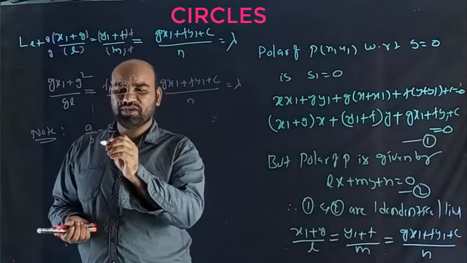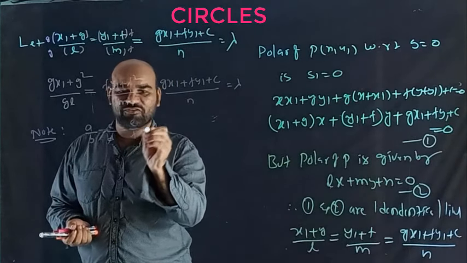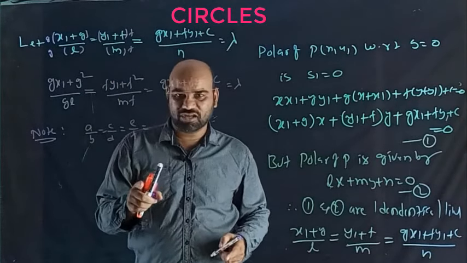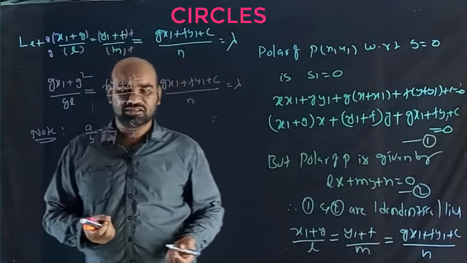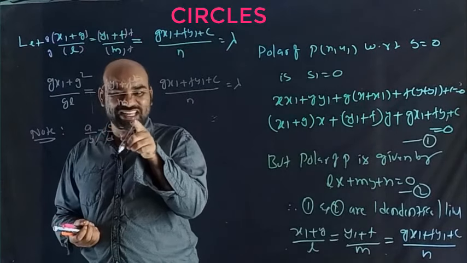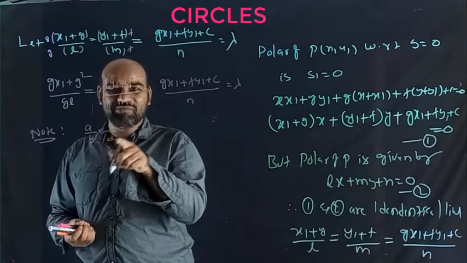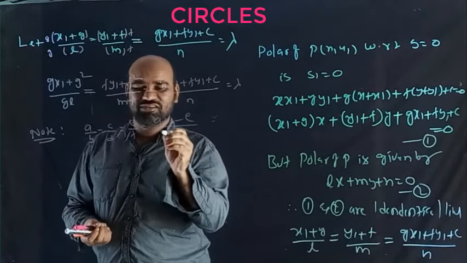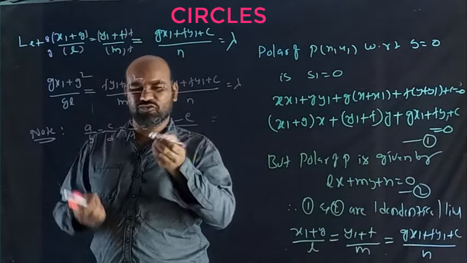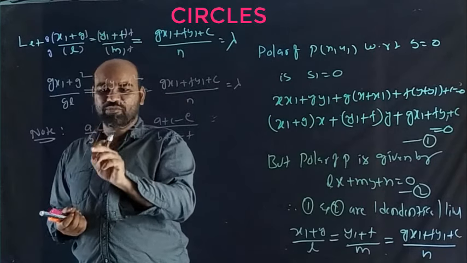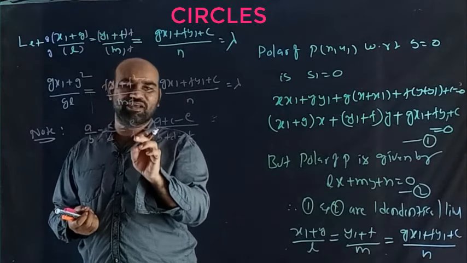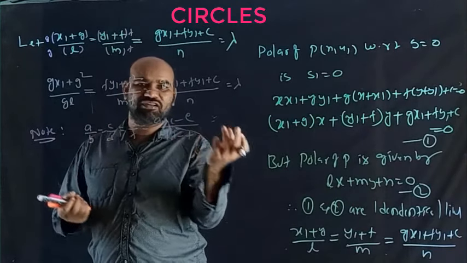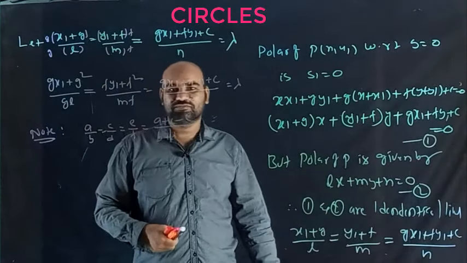For example, a by b equal to c by d equal to e by f, the result is also equal to (a plus c plus e) by (b plus d plus f), already proved in ratio and proportions, and also equal to (a plus c minus e) by (b plus d minus f). You can prove that, it is not a big problem. Take a by b equal to c by d equal to e by f equal to some k. Find the a value, c value, e value, and substitute here. You again get a by b only.